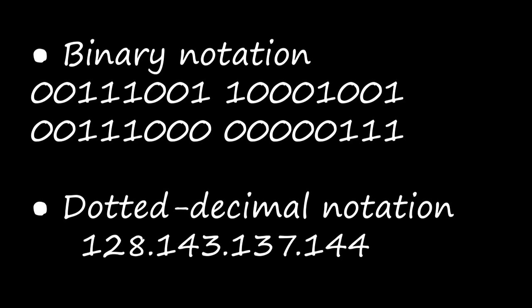If it is dotted decimal notation, the address will be in decimal format, but separated with dots. You would have seen addresses like 128.143.162.144, right? So binary notation will be in zeros and ones, and in decimal notation it will be given in decimal number format and separated with dots.